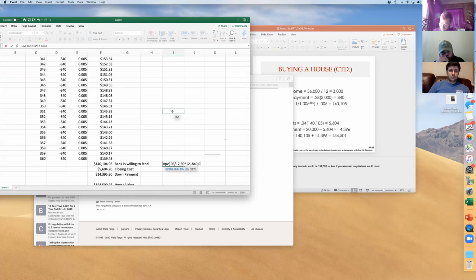I have no future value because there's no balloon at the end where I still owe principal. And the type is ordinary. All mortgages are ordinary annuities. And there I reproduce that number that I did in this table right there.